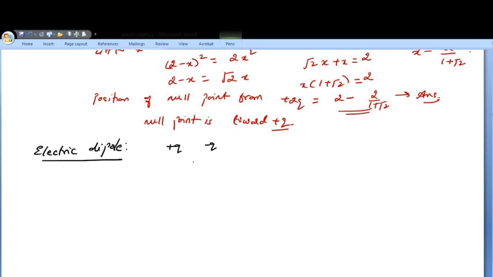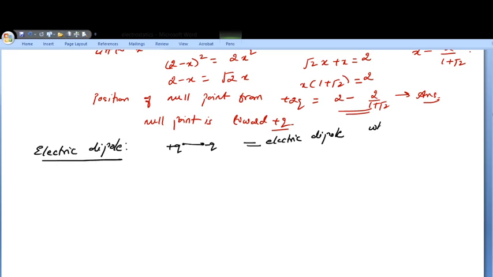So an arrangement of a pair of equal and opposite point charges, separated by a very small distance. This entire assembly of two equal and opposite charges separated by a very small distance is known as electric dipole.